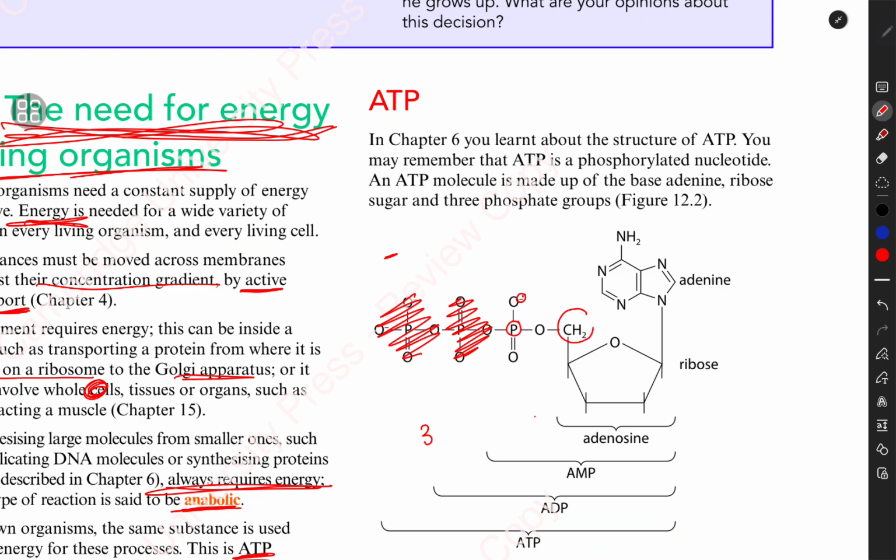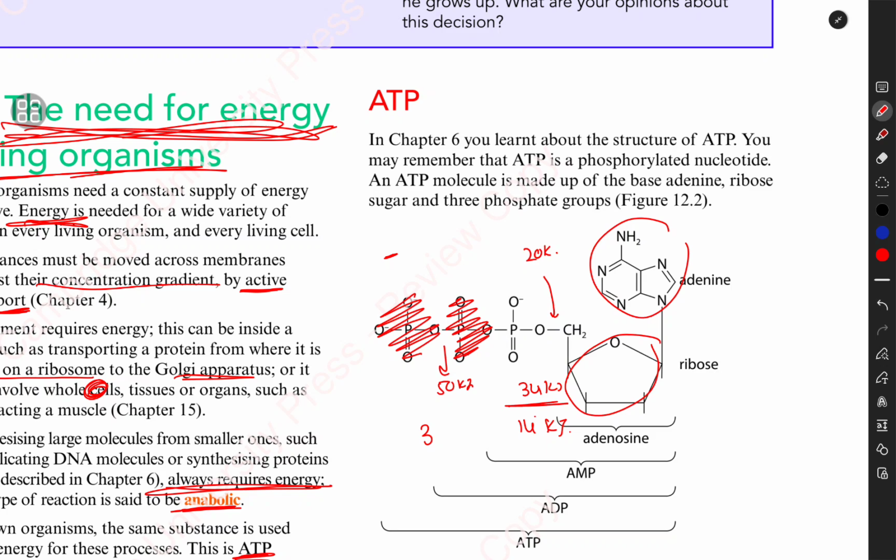Look here, we have no negative charges, nothing over here. So this phosphate doesn't really want to go out. If we still want to remove it, we give this bond 20 kilojoules of energy, and it gives back only 34 kilojoules, not 50 like here. So we have a net of 14 kilojoules given back to us.